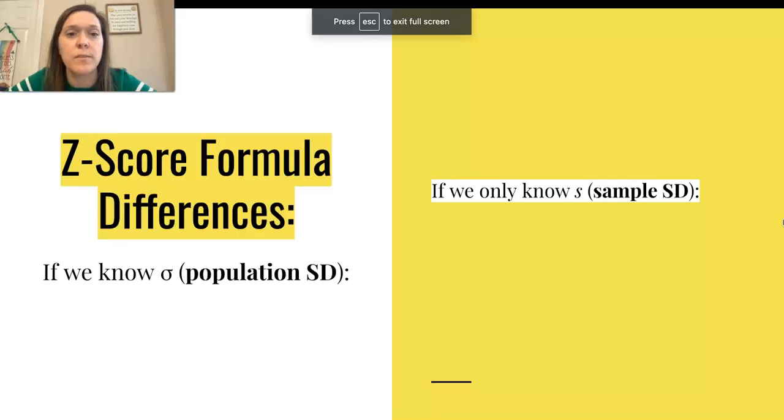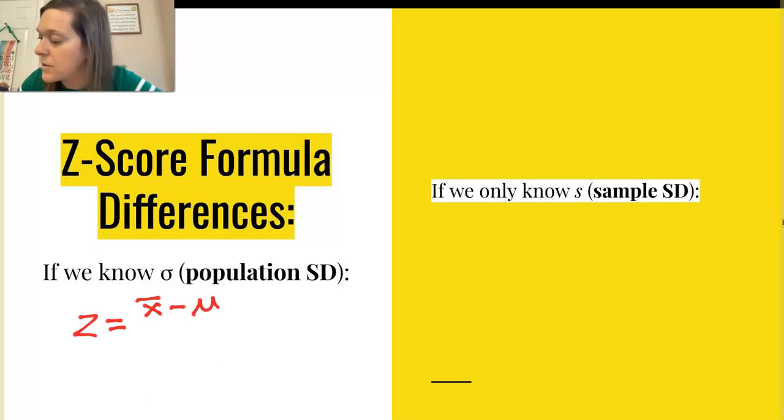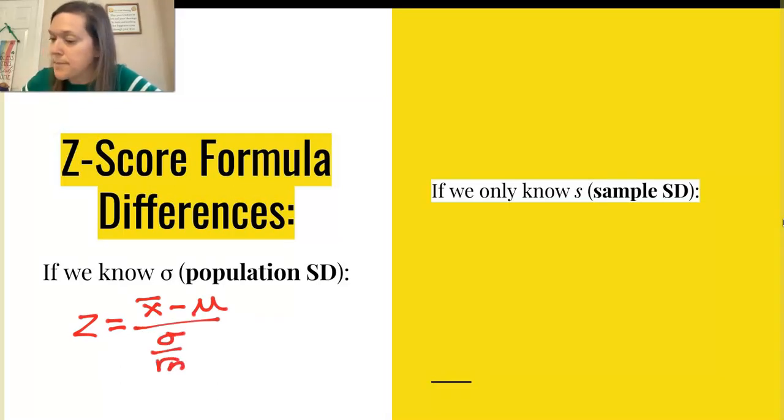Okay, so now this gets us into hypothesis testing. So we know that we have our different z-score formulas. To find our z-score, when we know the standard deviation of the whole population, we do our sample mean minus the mean of the whole population, divided by sigma over the square root of n.